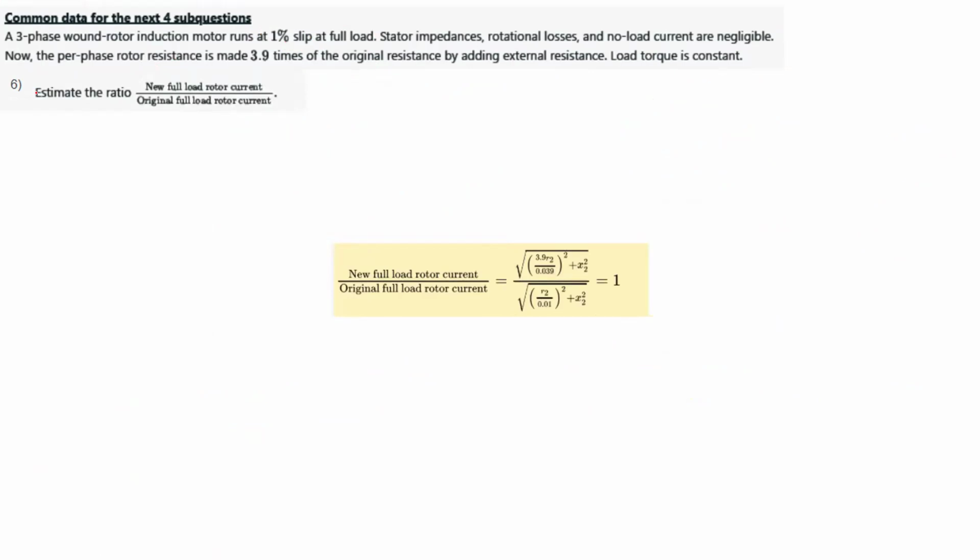Now they're asking us to estimate the ratio of new full load rotor current to original full load rotor current. So let us see the two circuits. In the original circuit there was no R external, and this is the new circuit with R external.